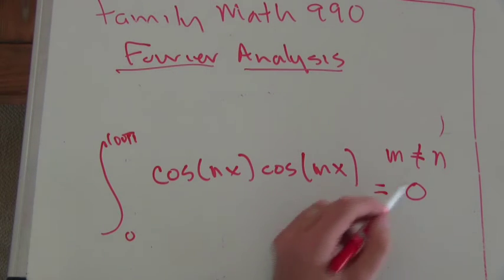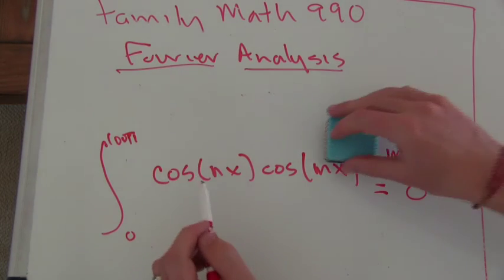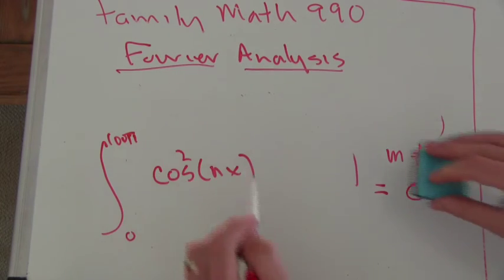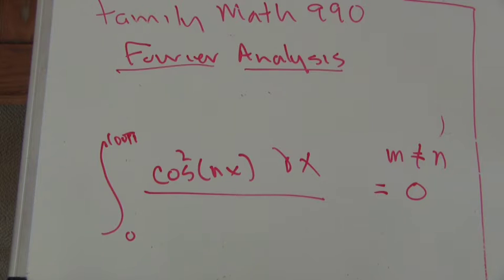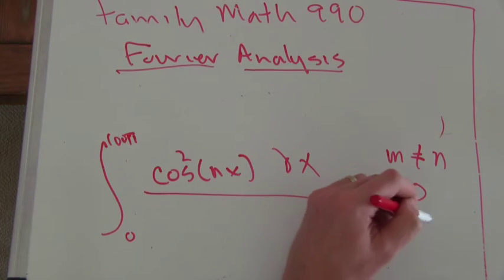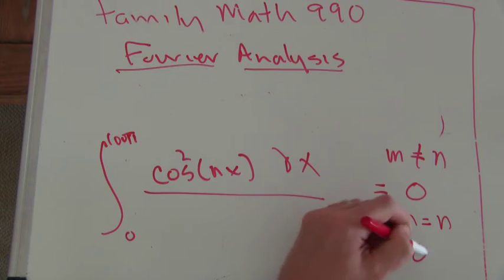And when they are equal, I end up getting the integral of cosine squared nx dx. And why is this integral not going to be 0? Because cosine squared is always positive. Or 0, that's right. It's never negative. Good point. It could be 0, but it's never negative. So if m equals n, it is not equal to 0.